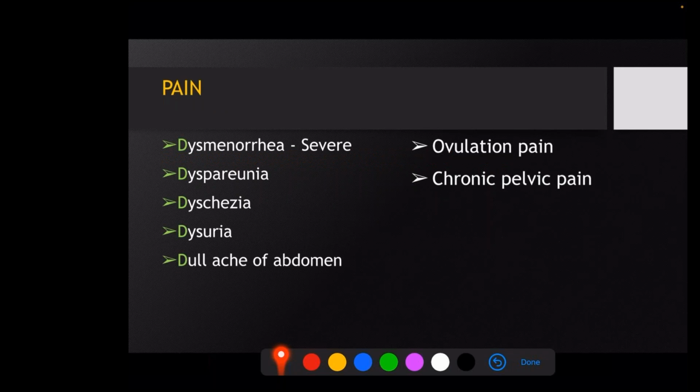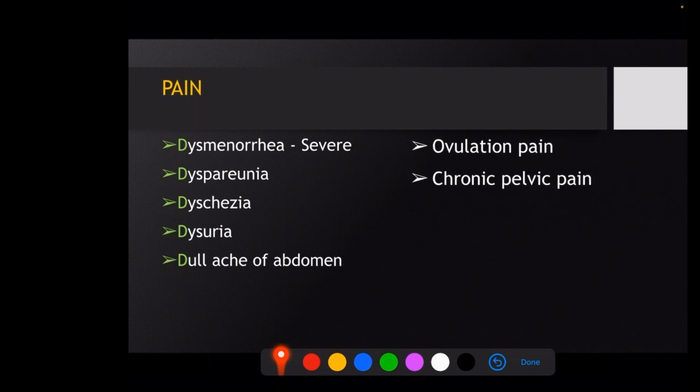Dysmenorrhea, dyspareunia, dyschezia, dysuria, dull ache of abdomen can be described under 5Ds: painful menstruation, painful coitus, painful defecation, painful urination, painful ovulation, dull ache of abdomen, and chronic or acyclical pelvic pain are commonly associated with endometriosis.